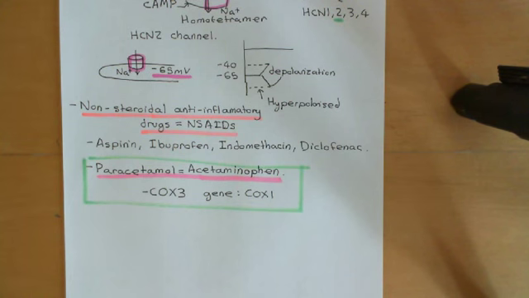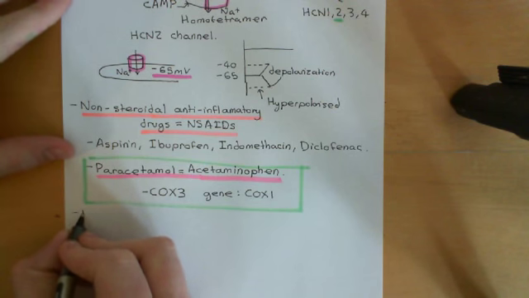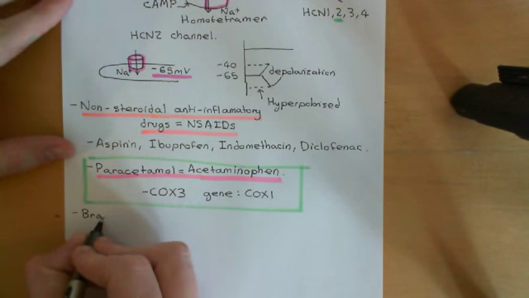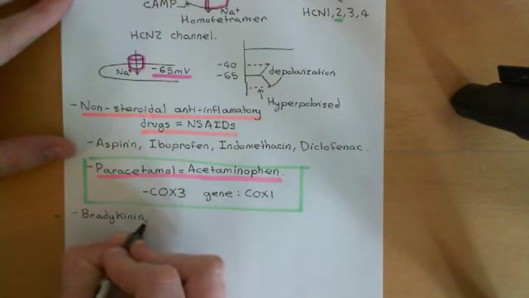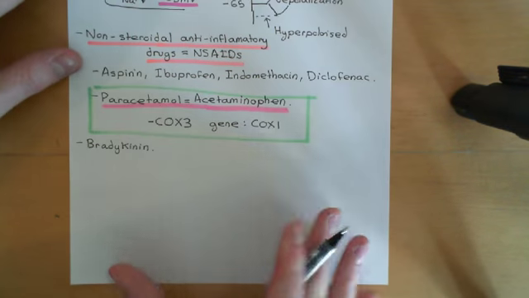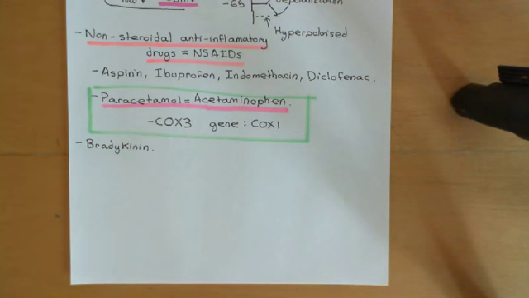What I want to now move on to is the effects of another molecule that is within the inflammatory milieu, okay, and this is a molecule known as bradykinin, a very important peptide molecule present in inflamed tissues at high levels. Okay, a very important part of the inflammatory milieu.